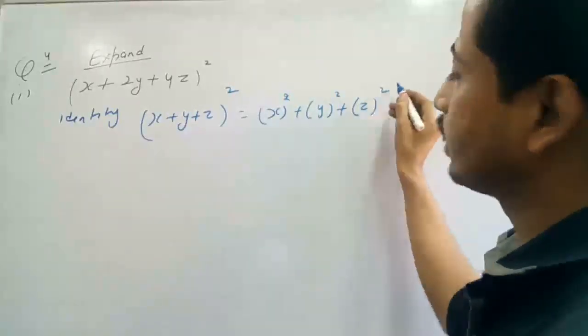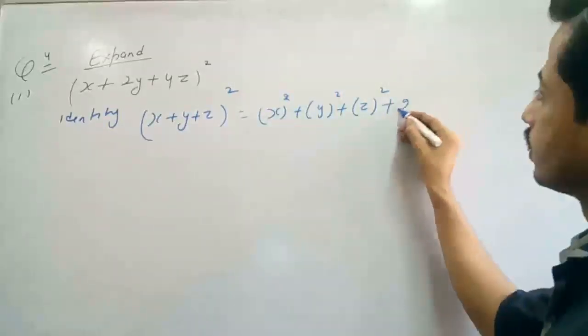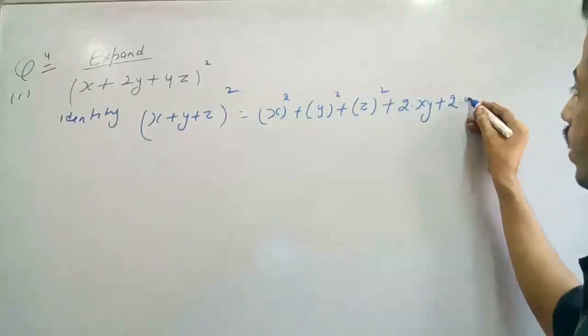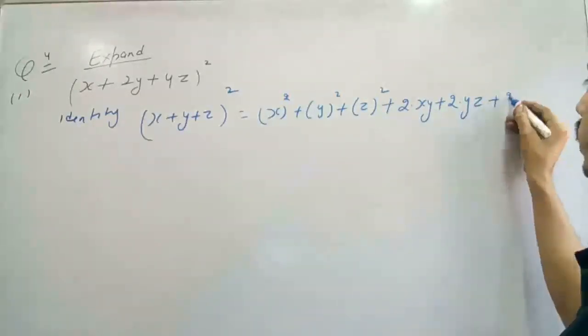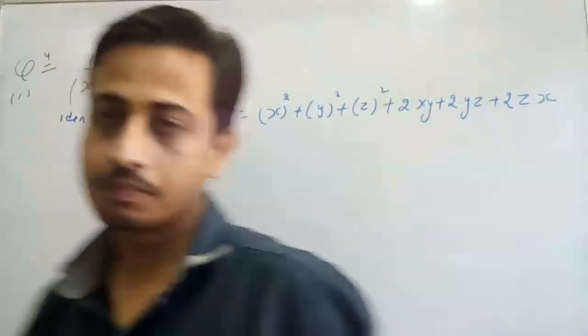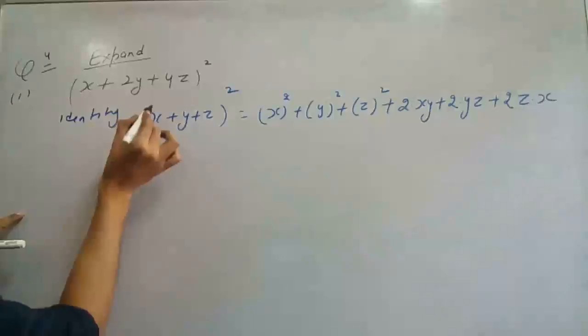It means x² + y² + z² + 2xy + 2yz + 2zx. It's very simple. Now look at the question and do comparison.